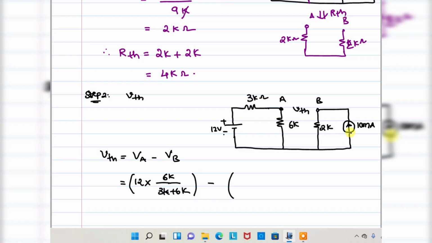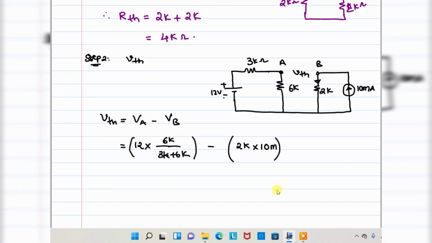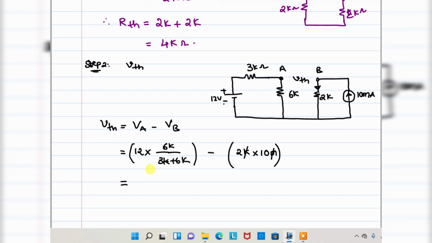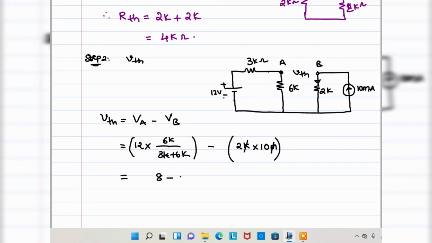coming to here, this 10 amperes is flowing through this 2 kilo ohm resistance, that is equal to 2k into 10 milliamperes. This milli and this k get cancelled. So here 8 minus 20.